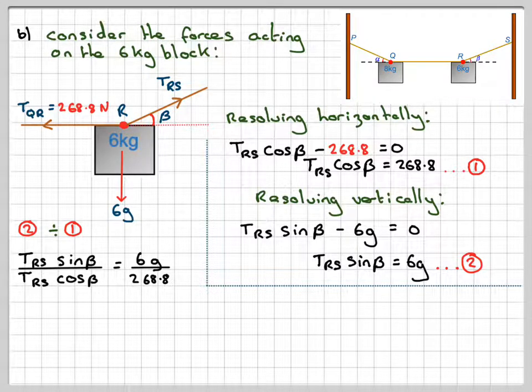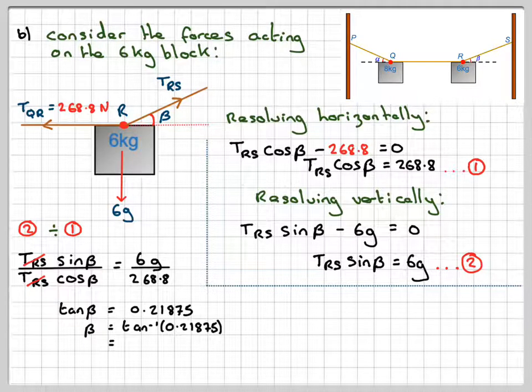Obviously we've got TRS here, so that will cancel. And we know that sine over cos is tan, so tan beta is equal to 0.21875. And then beta is tan to the minus 1 of that, which gives me an angle of 12.339, which is 12.3 to 3 significant figures.